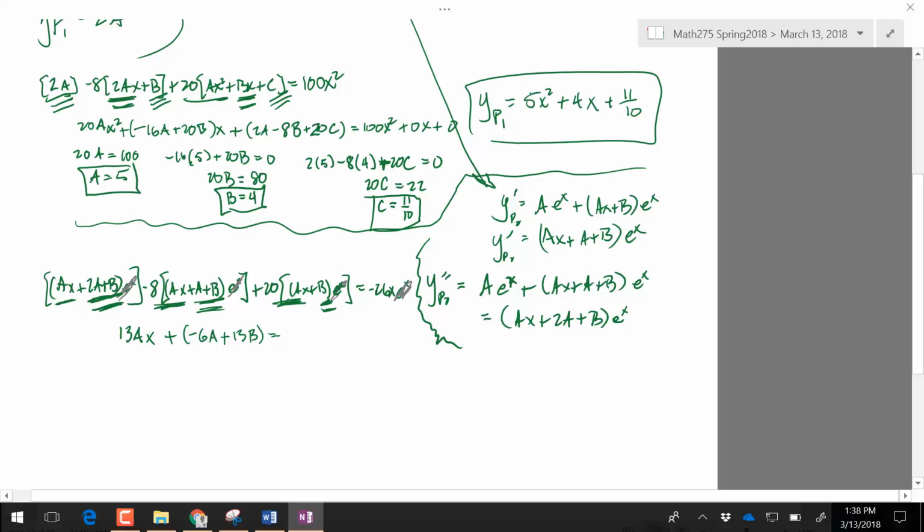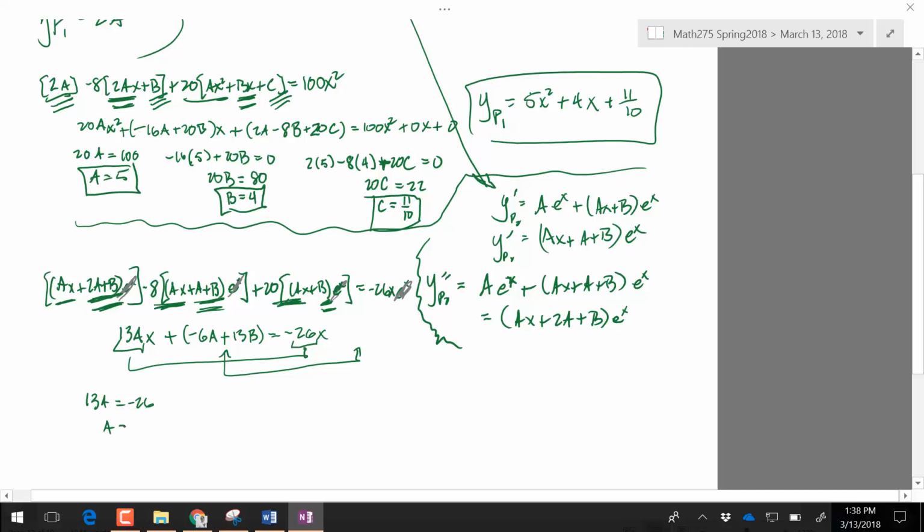Okay, so I hope that takes care of everything. This is supposed to all equal negative 26x, and you can put plus 0 there, because you're going to set the coefficients of x equal to each other, and then the constant terms equal to whatever the constant term is. So 13a is equal to negative 26.